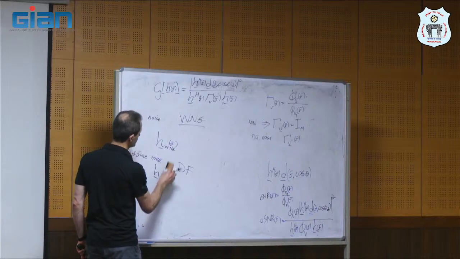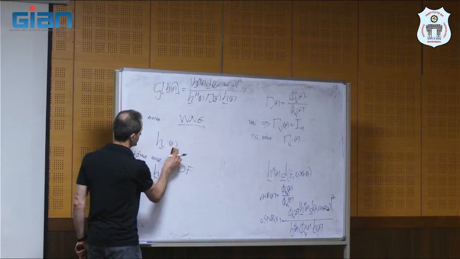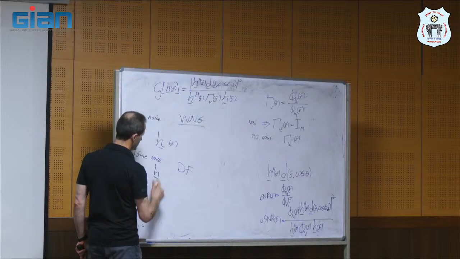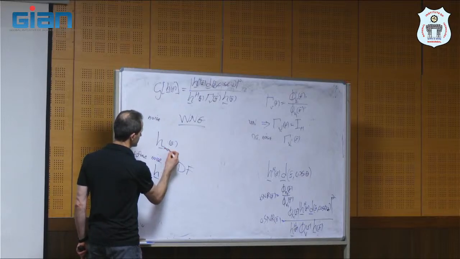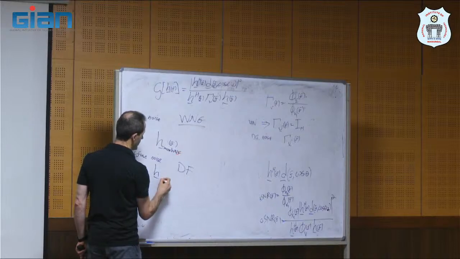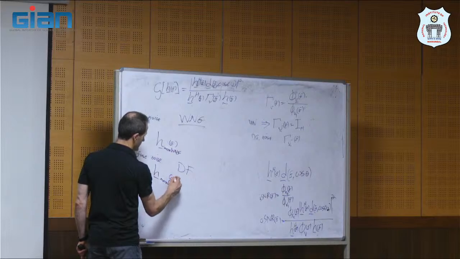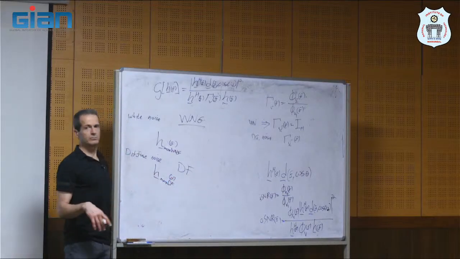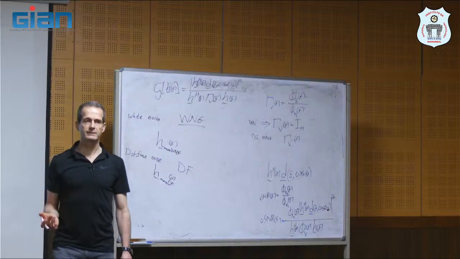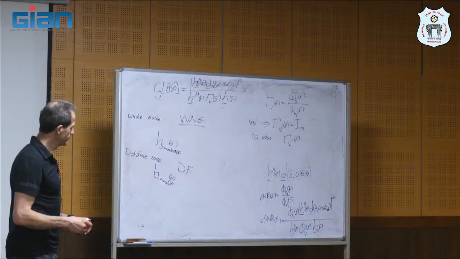We can call it, by the way, max white noise gain or max DF. So it doesn't really matter. You can call it something, but at least you understand what you call it.